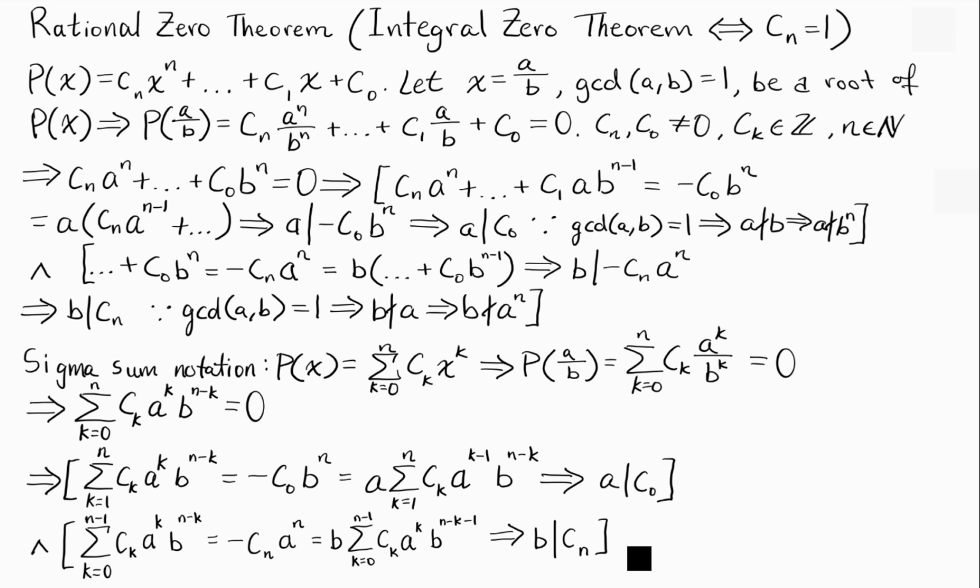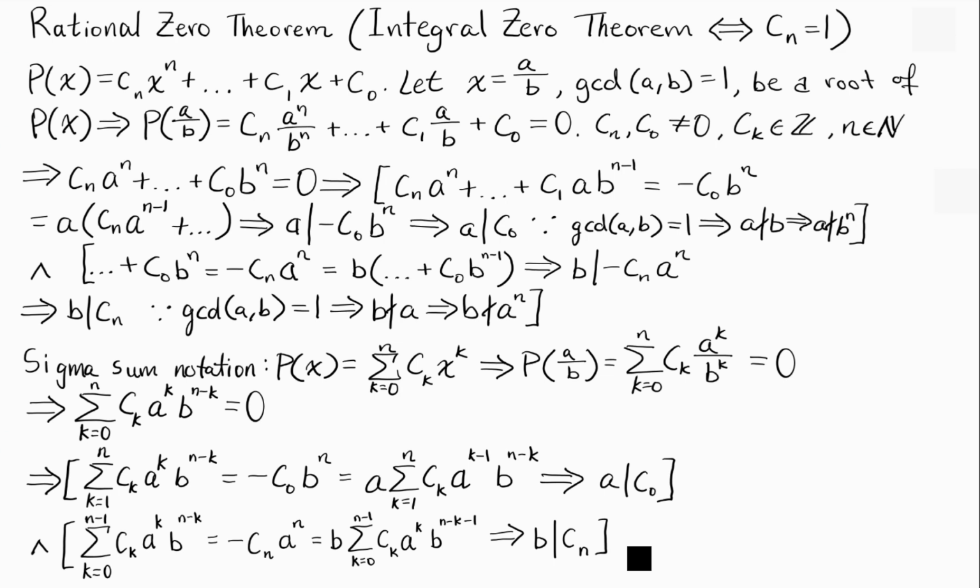It necessarily needs to be a factor of your constant term. But just because you have a bunch of these factors of your constant term doesn't mean that all of them are going to be roots, okay? It just means that if you have a root, then that root must be a factor of your constant term.